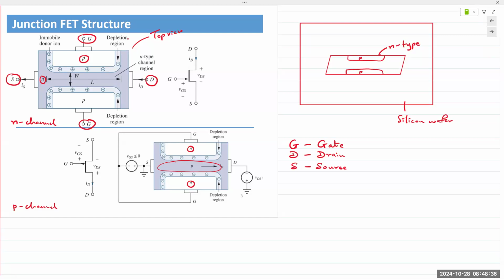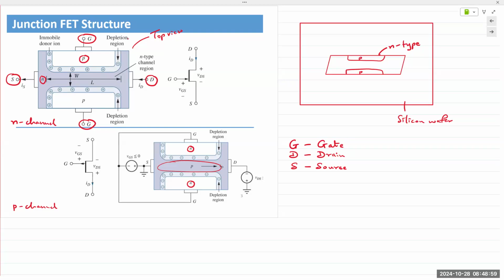And in this case, that analogy fits perfectly, except we're not talking about fluids, we're talking about tiny electrons. So we have movement of electrons, which of course is movement of current. And we can control the flow of current by controlling the flow of electrons via the gate.